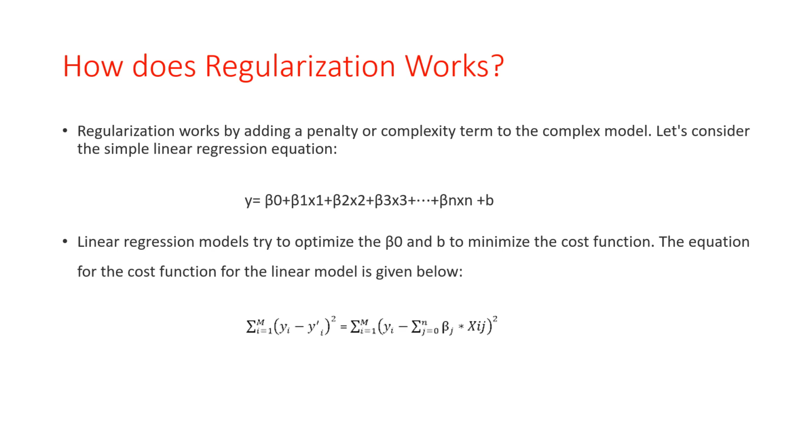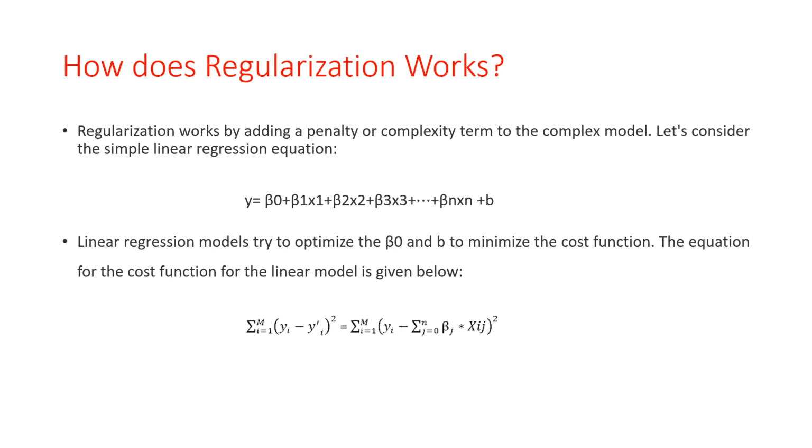Here b0 represents the bias of the model and b represents the intercept, the y intercept. So the linear regression model tries to optimize b0 and b to minimize the cost function.